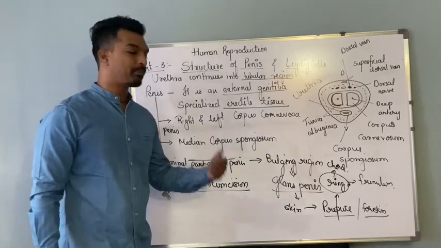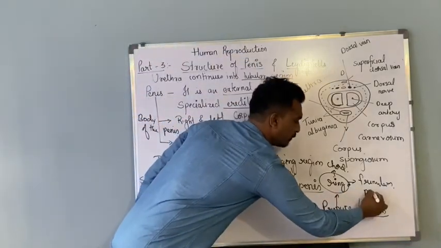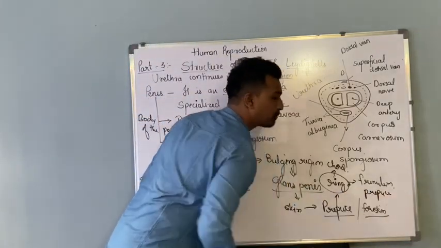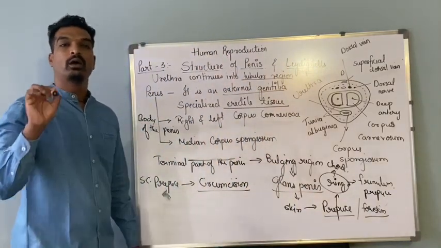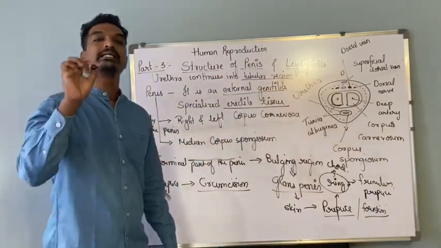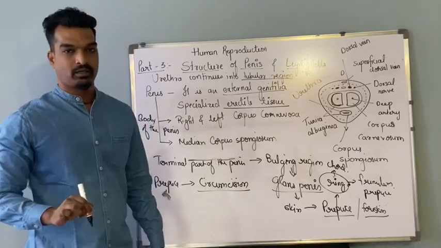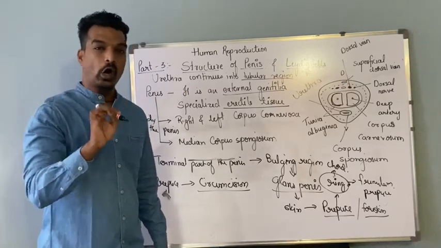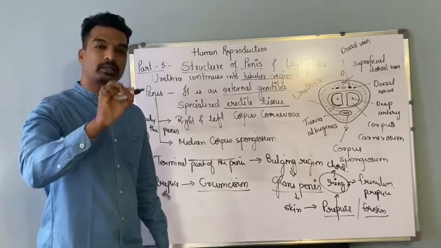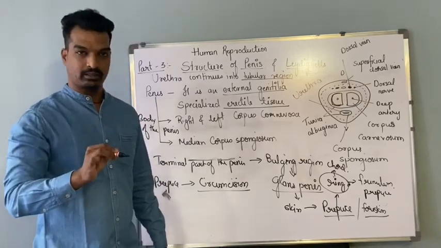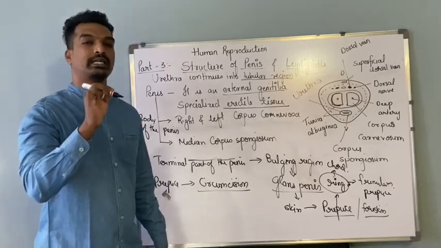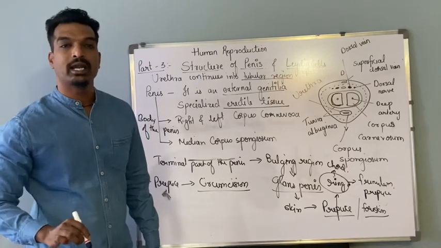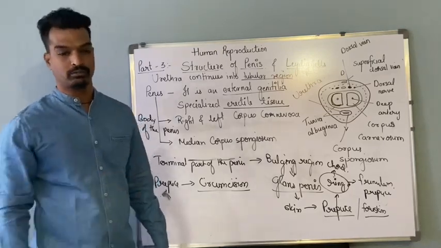The frenulum prepuce is the region where the foreskin is attached to the penis. It is an elastic cord present at the circumference of the glans penis where the foreskin is attached.